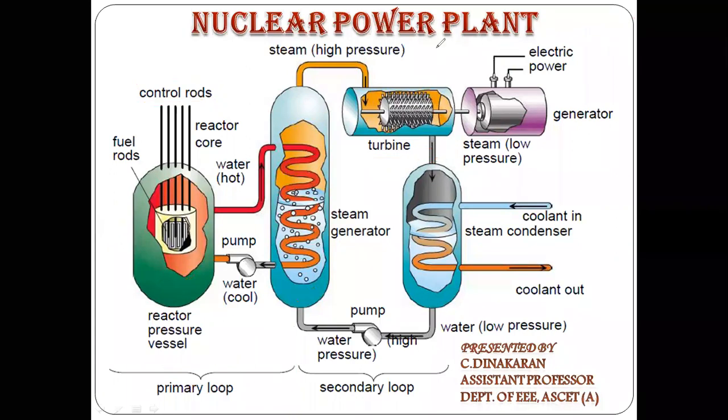At present, in the world, 60% of the power demand is satisfied by thermal power plants, where the fuel used is coal. And 30% of the demand is satisfied by hydroelectric power plants, where the fuel used is water. The major drawback is that hydroelectric power plants can operate only in the rainy season, and in the summer season we can't generate the power.